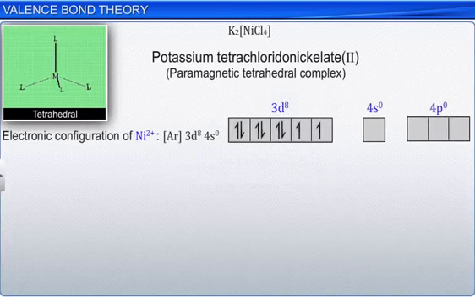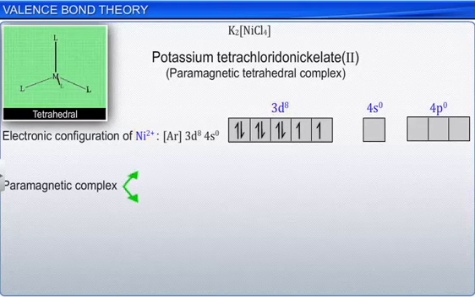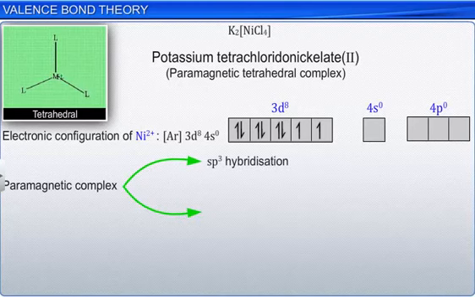In this complex, nickel is in +2 oxidation state, and thus has the configuration of argon 3d8. The complex can be paramagnetic only if nickel undergoes sp3 hybridization and not dsp2 hybridization.